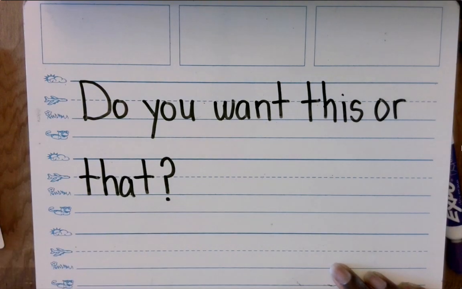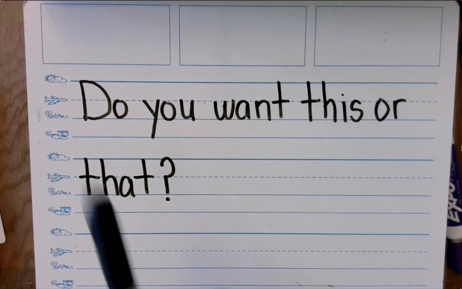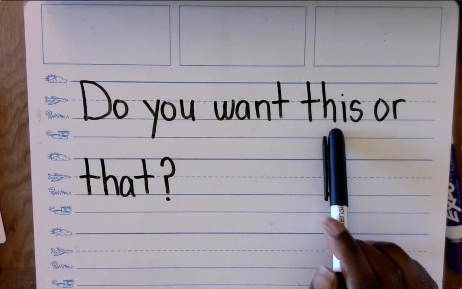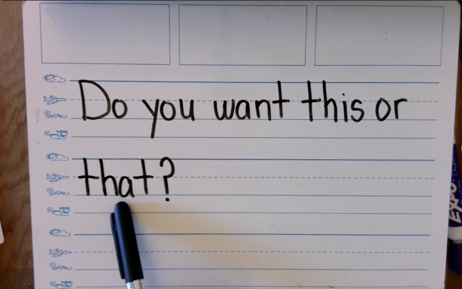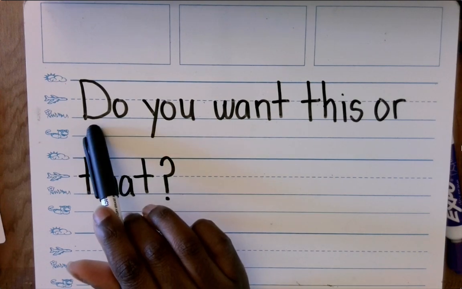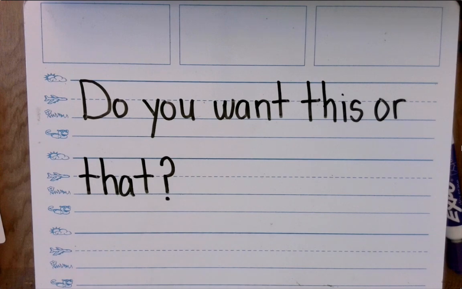All right? So I'm going to read this sentence, and you guys are going to point out to me which word is our new trick word, or. All right? Are you guys ready? Do you want this or that? I'm going to read it again. Do you want this or that?